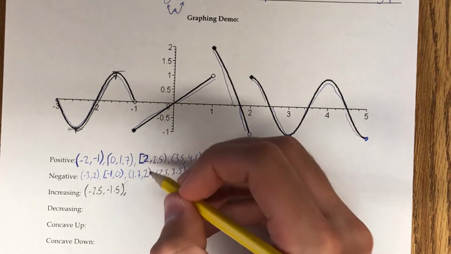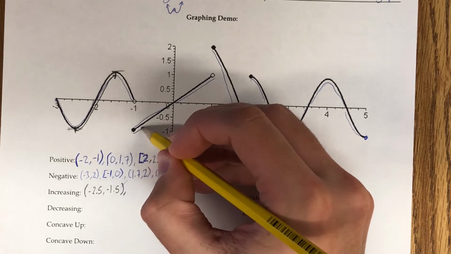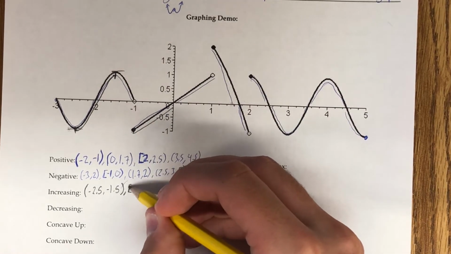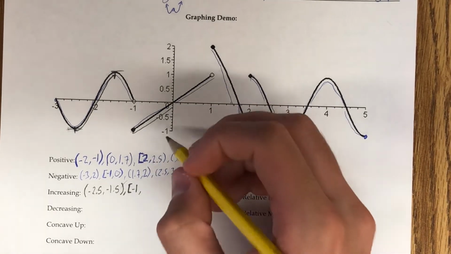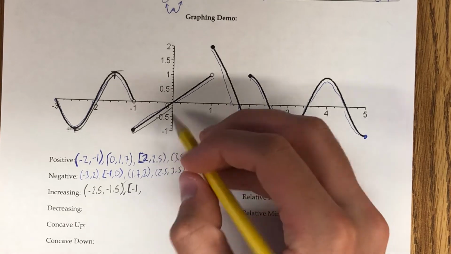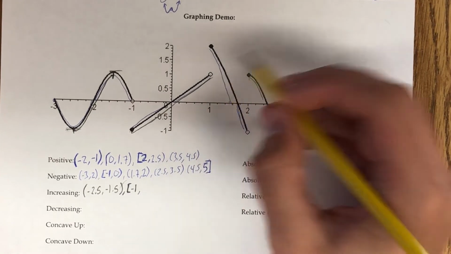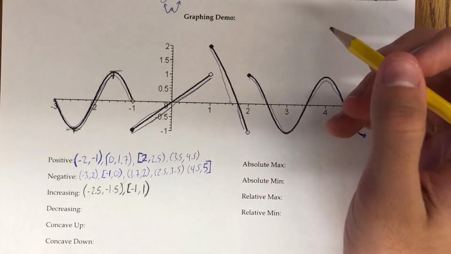Okay. For our next one here, we've got from -1 to 0, we are increasing. And that -1 is a sharp point. It's a closed point, so it does include, right at -1, it is increasing. All the way up to 0, and then keep going up to 1, but not including it, because it is an open circle.